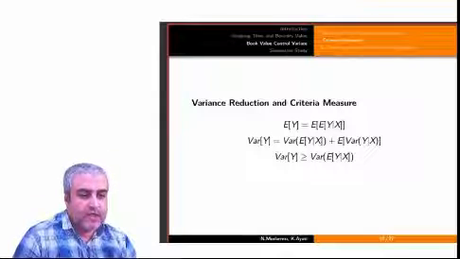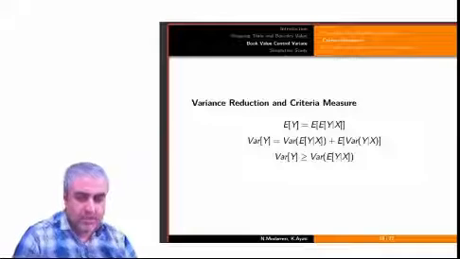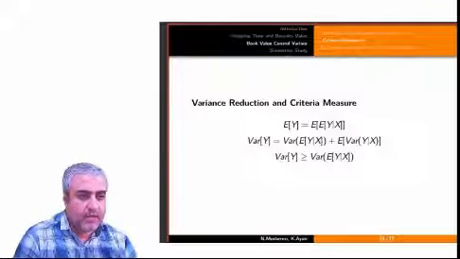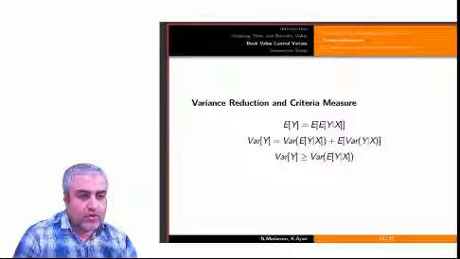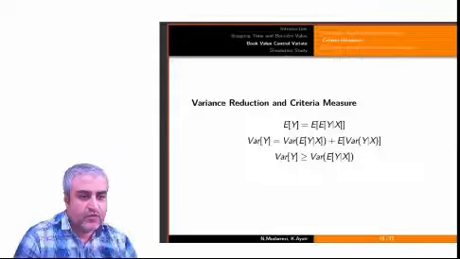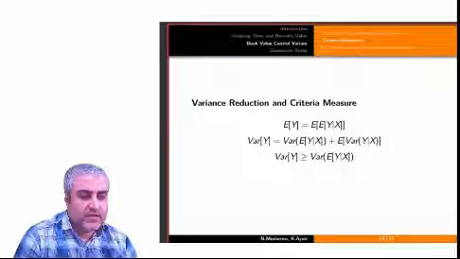For variance reduction and the criteria measured in conditional Monte Carlo, we use the expectation of the Y process conditional on X. For variance reduction we need to remove one variance, one expectation, and we have line 3.